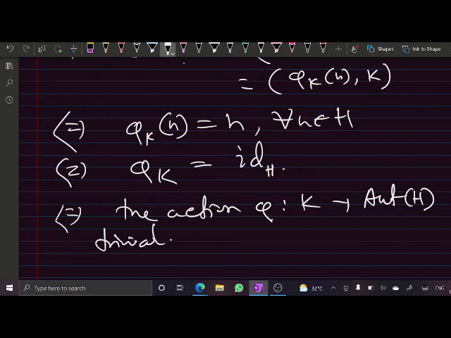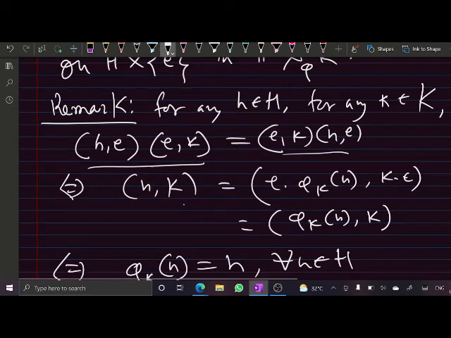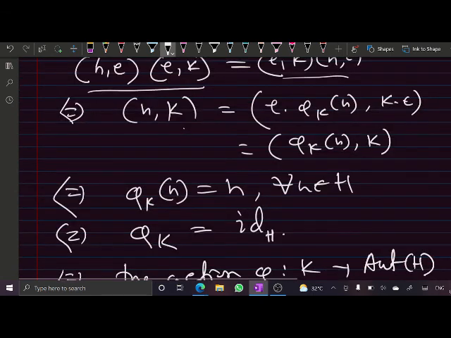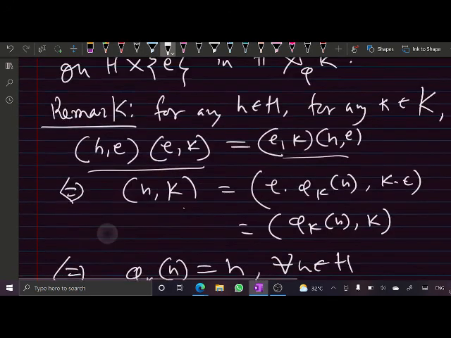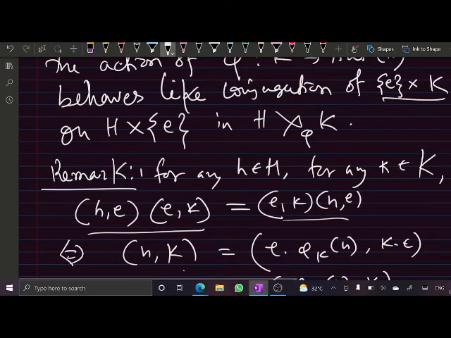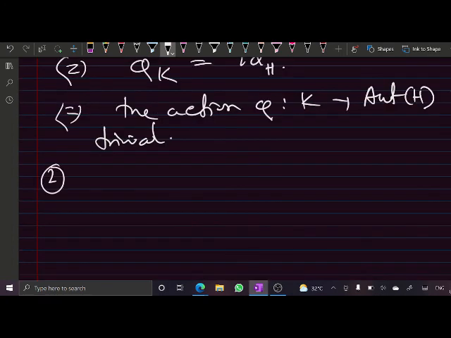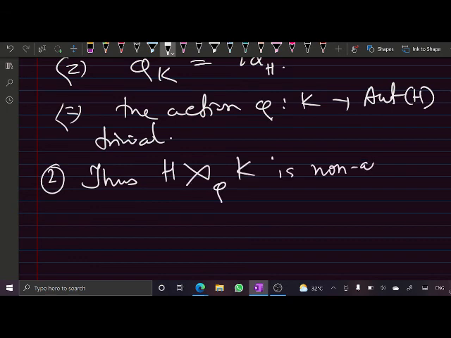In that case, your semi-direct product comes out to be simply the direct product. So this is remark 1, and from remark 1 you can say that the semi-direct product is non-abelian if and only if phi is not trivial.